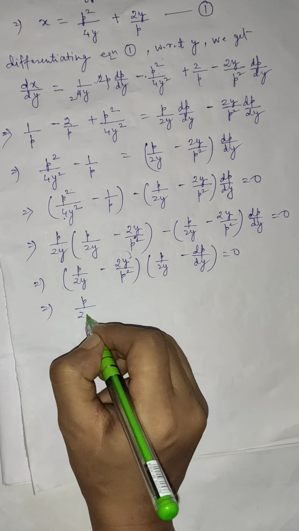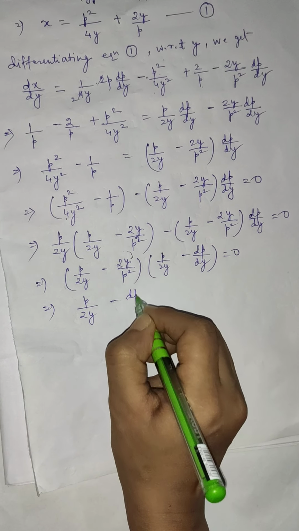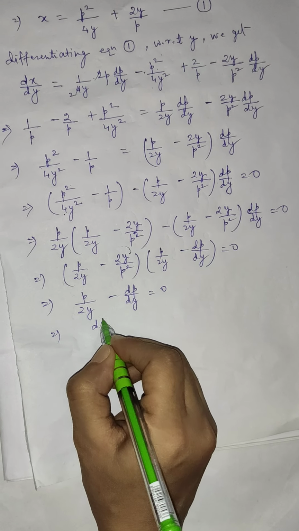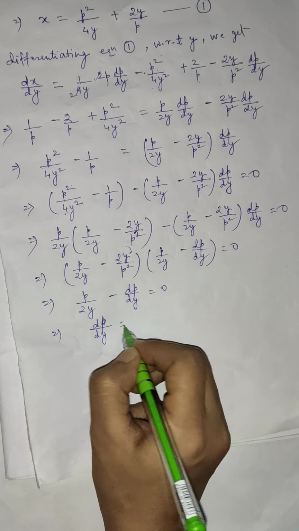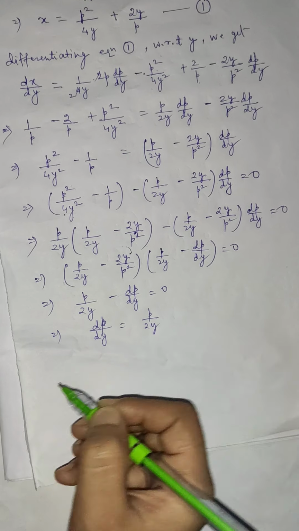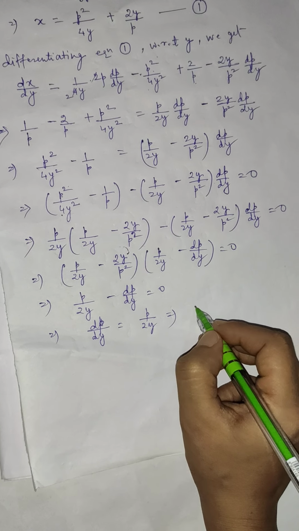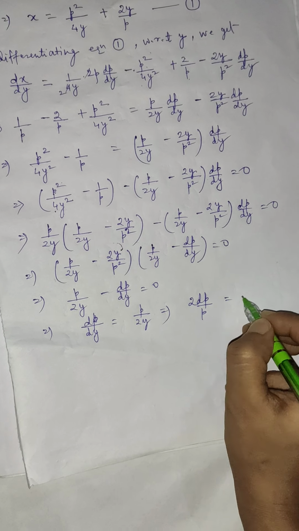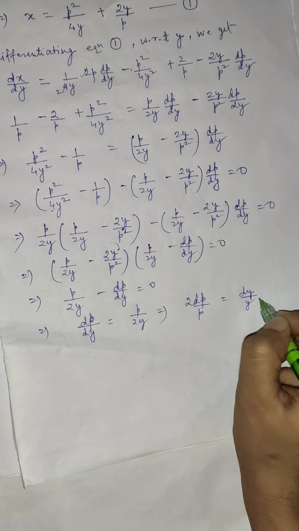So we have p by 2y minus dp by dy is equal to 0, or dp by dy is equal to p by 2y. From here we have 2 times of dp by p is equal to dy by y.